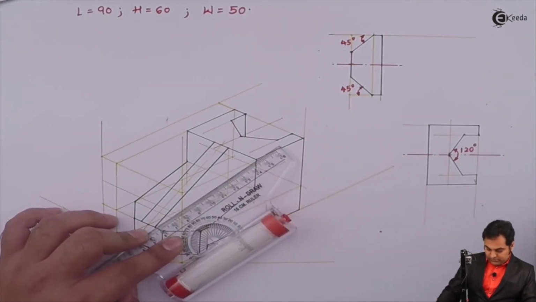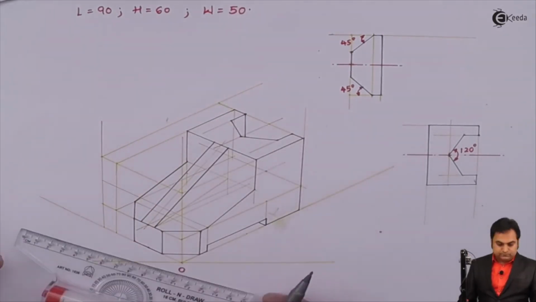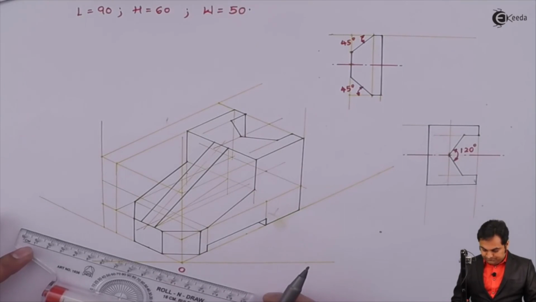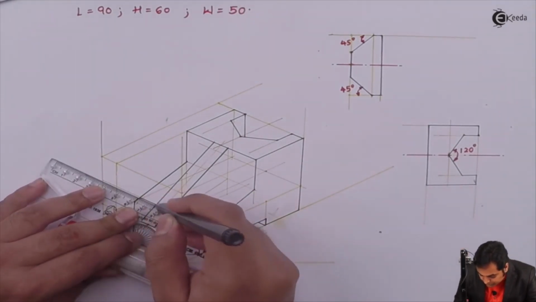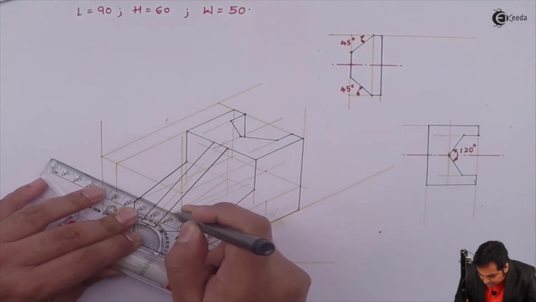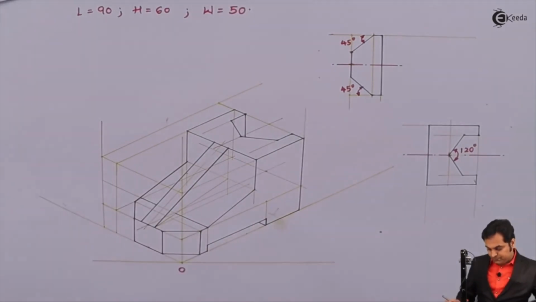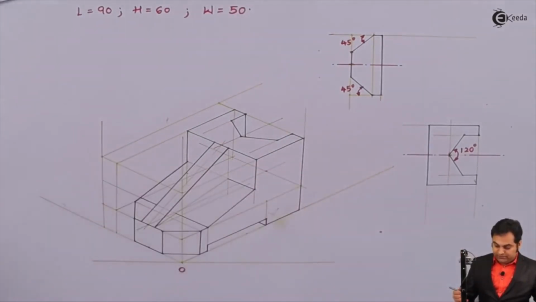So parallel to this slope, I am projecting a line. These rectangles are also visible from the top. Then a line from here, because we need complete surfaces in case of isometric projections.